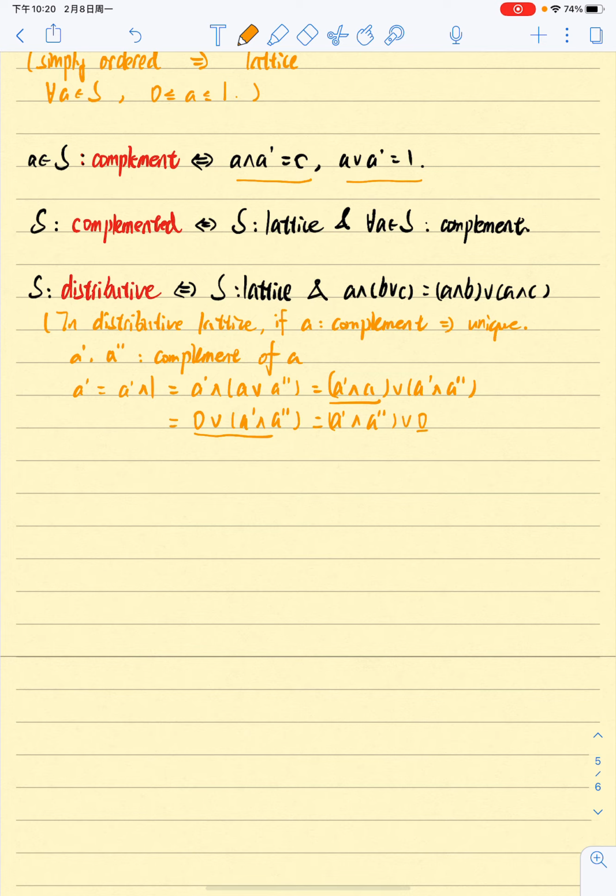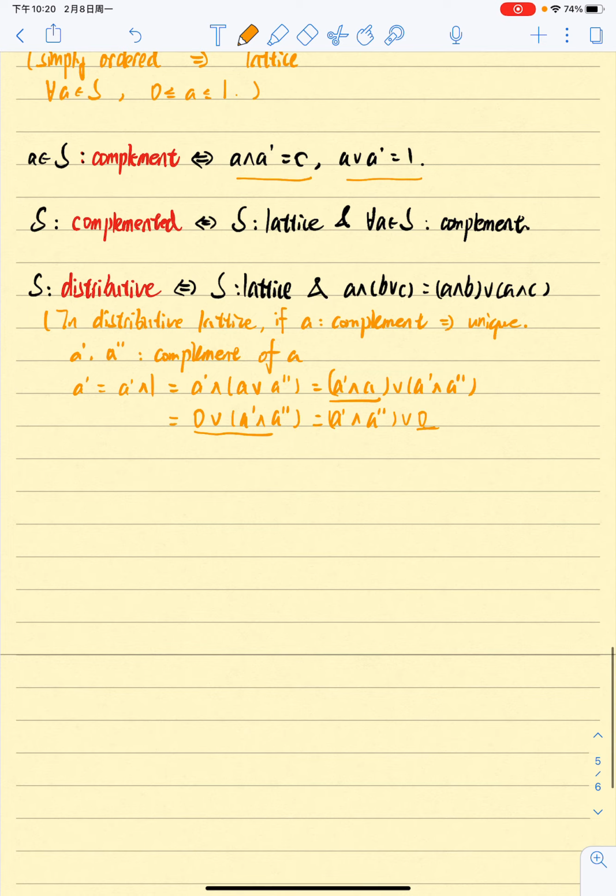And this 0 we can rewrite as A prime and A2 prime, or A and A2 prime.